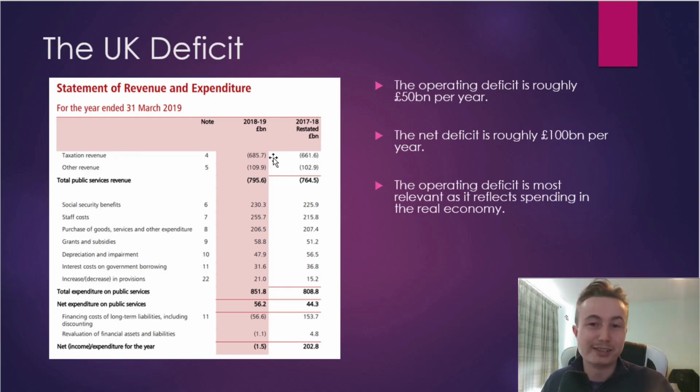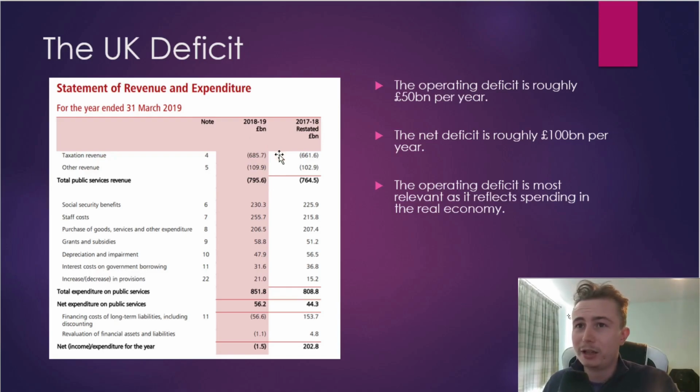Businesses pay VAT on their sales to consumers and other businesses, and all shapes, shades and sizes of taxation that the UK government, HMRC, impose on people and businesses. We can see, for the year ended 31st of March 19, £686 billion. So that's quite a lot of money.